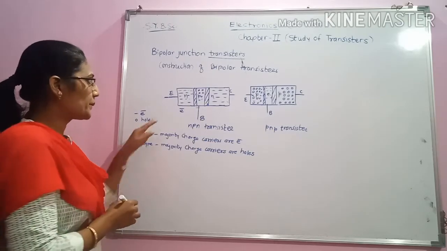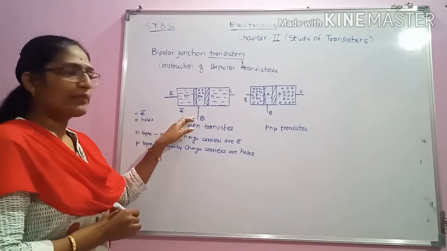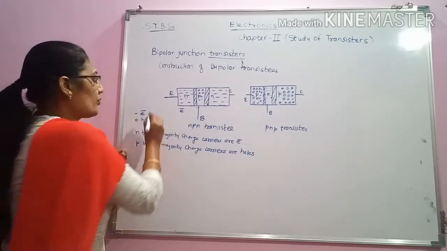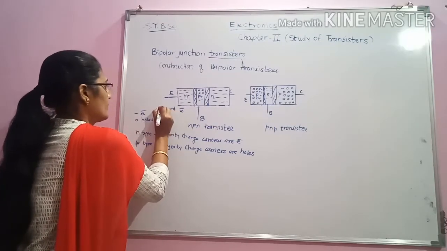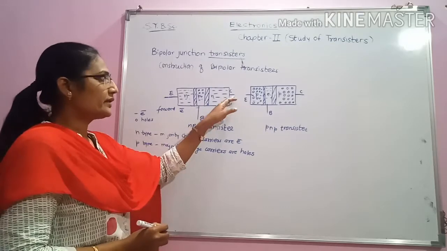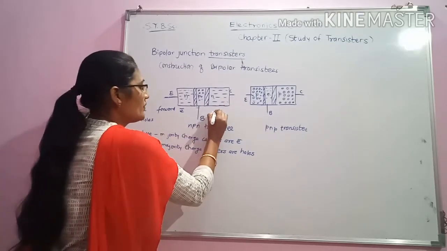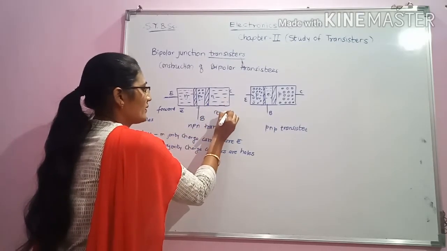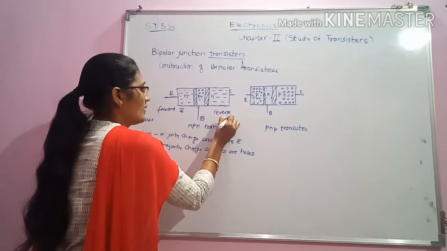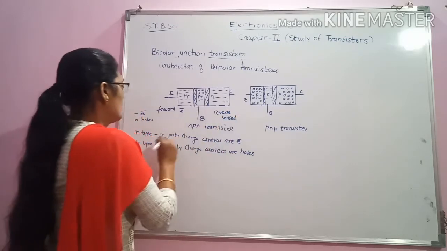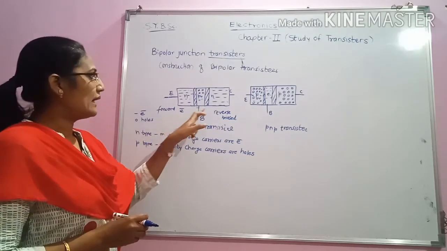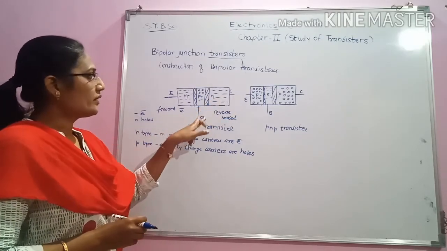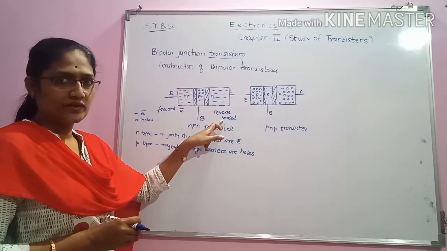Just now I have told you that the emitter base junction is forward biased and the collector base junction is reverse biased.